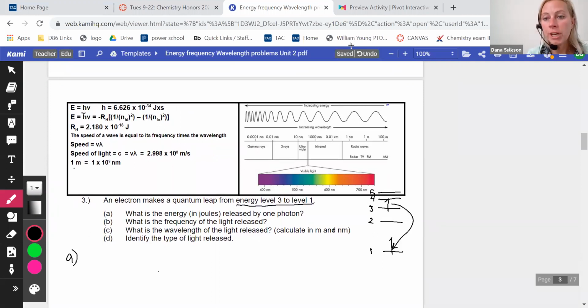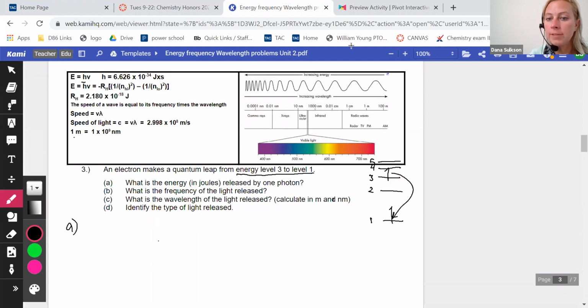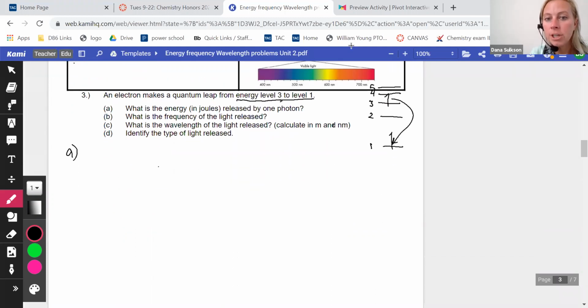The first one we just did in the second problem, which was energy is equal to Planck's constant, the h, times the frequency, or we have the second one that's also equal to energy. We use the RH constant, and we have the highest energy to lowest. Well, this is giving you a high to a low, a 3 to 1. It's releasing energy.